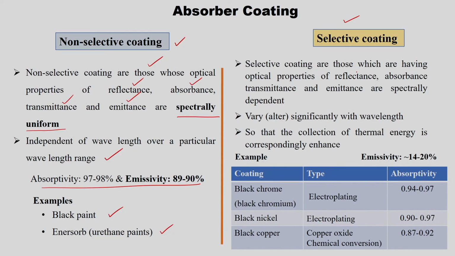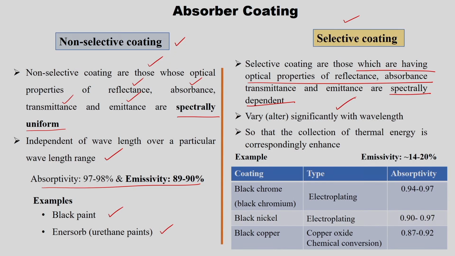On the other hand, in selective coating, the properties of reflectance, absorptance, transmittance and emittance are spectrally dependent. So, that means based on the wavelength, we have the flexibility to select what should be the absorptivity and what should be the emissivity, or based on emissivity and absorptivity values for the particular collector, we can choose the surface as a selective coating.